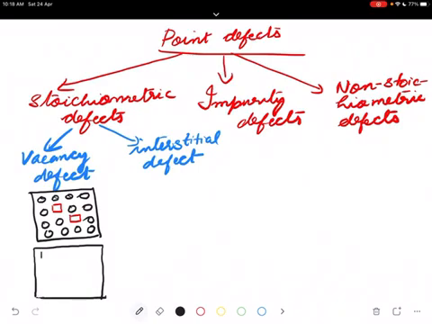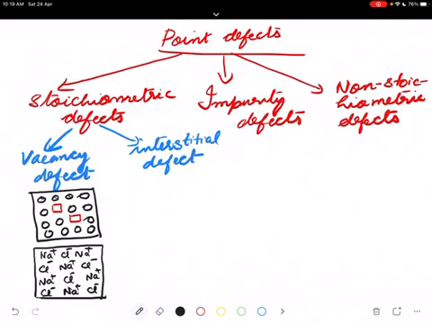Here, Na plus, Cl minus, Na plus, Cl minus. Next to one positive ion, there should be a negative ion.